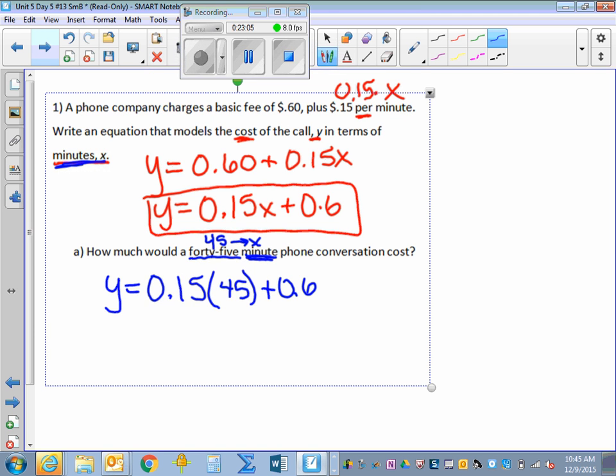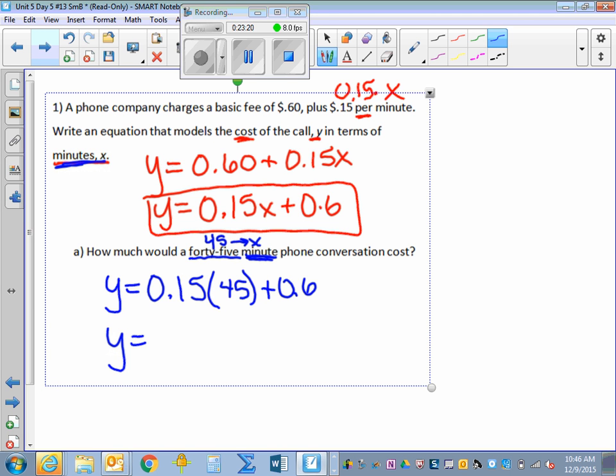So let's find out what our answer is. Put this into your calculator. Let's double check that. 0.15 times 45 plus 0.6.